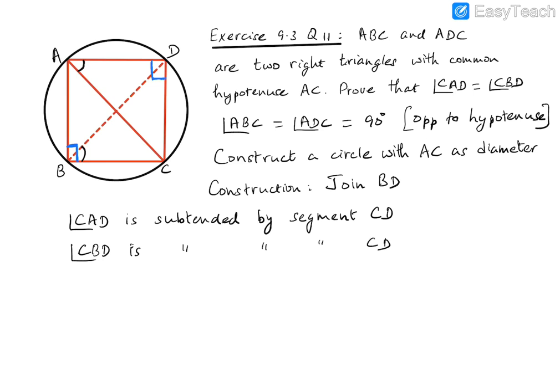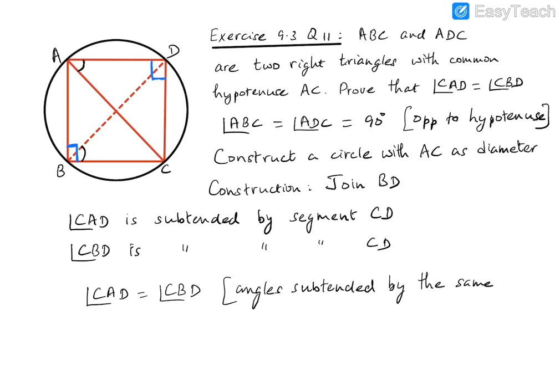We know from our theorem that the angles subtended by the same chord or the same segment at different points on the circle are equal. So therefore we can state that angle CAD is equal to angle CBD, because they are both angles subtended by the same segment.